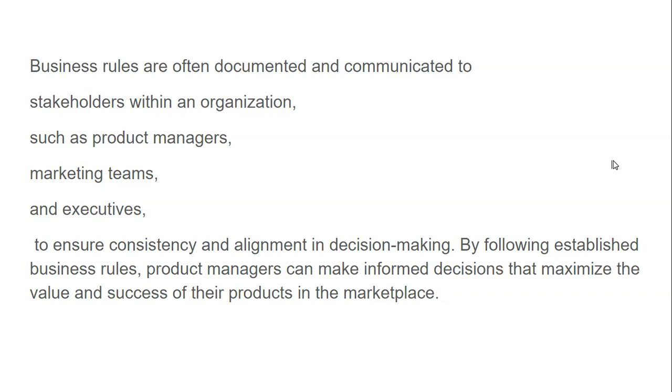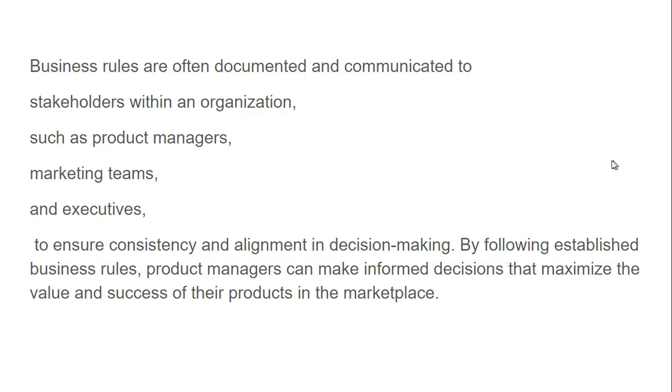So everybody must understand what the business rules are, most especially within their own sphere of production. The developers will know the rules, the marketers will know the rules, the supply chain must know the rules. It must all be communicated. All of them must get the guidelines and work accordingly.